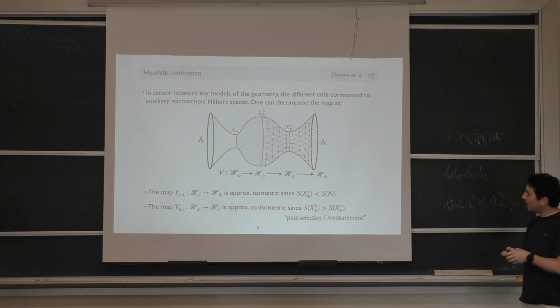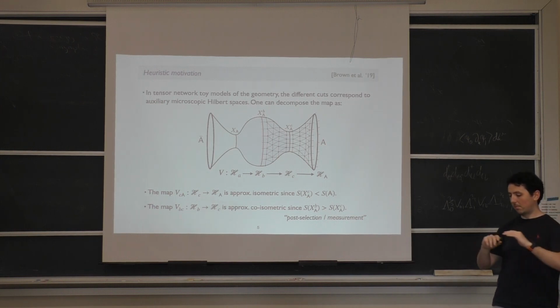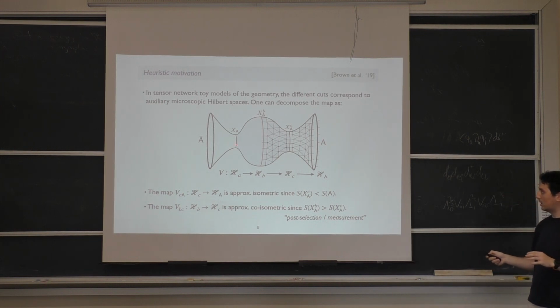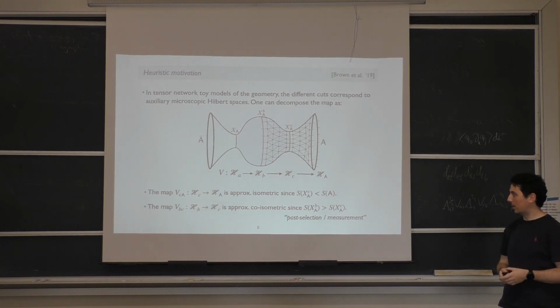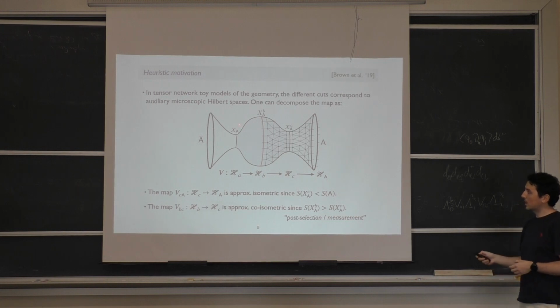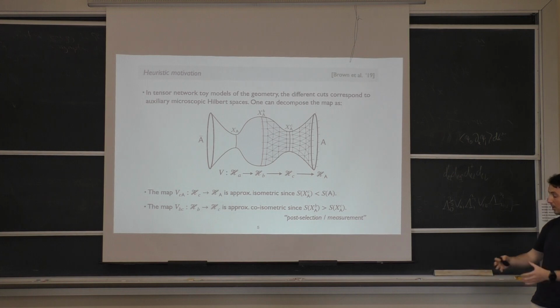And the main idea is that I'm going to forget about the bulk effective field theory. I'm just going to consider this tensor network as a map between the minimal quantum extremal surface to the boundary. This is the bulk to boundary map that we care about. And the idea is that this map is geometrized by the geometry of the slice that you live in.